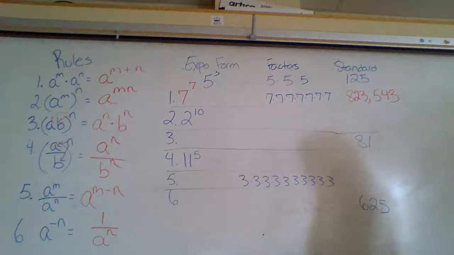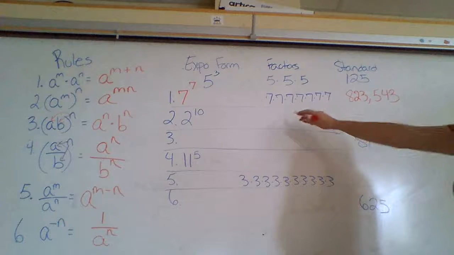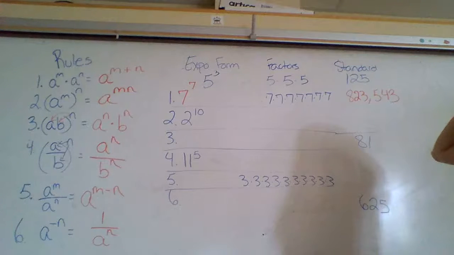Okay. Then the next one, they give you 2 to the 10th power, so you have to fill in the factors, and you have to fill in the standard form.